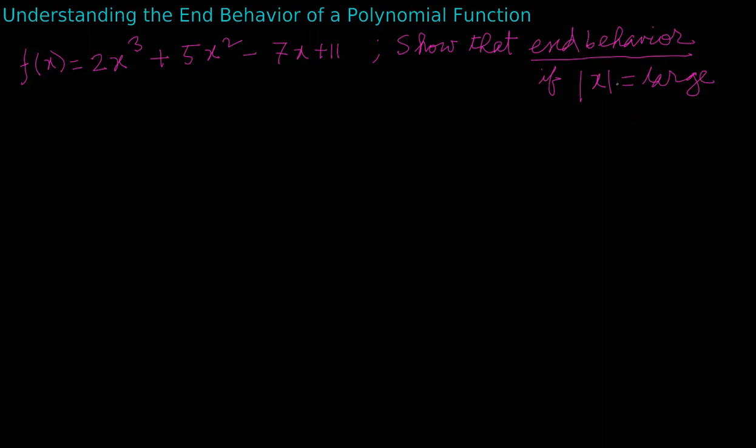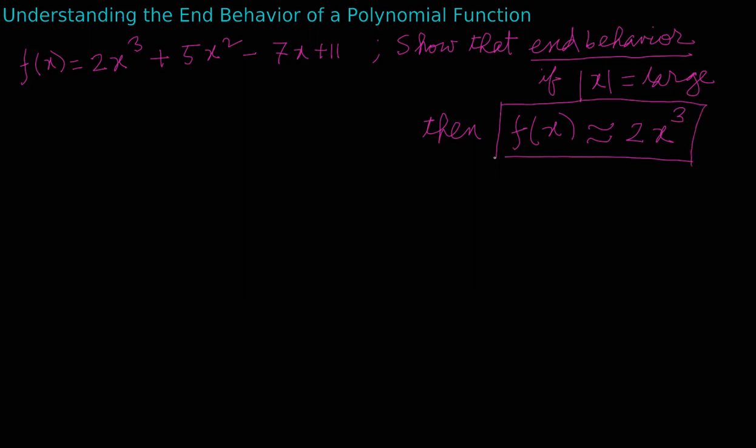We need to show that if x is large, then the function behaves simply like the first term, the leading term, that f(x) is almost equal to 2x cubed when x is very large. So we need to show that when x is large, my function behaves like this power function. Okay, so let us try to prove it.